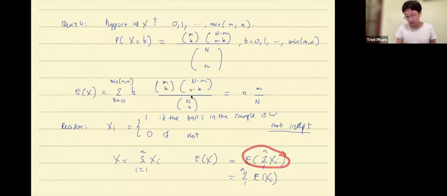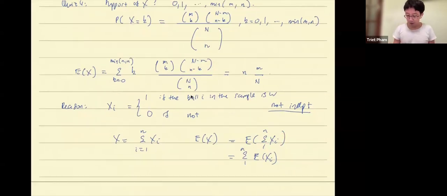However, that's the beauty of expectation: it doesn't care if the xi's are independent or not. It's just linear. And so we can pass this inside the sum. But once you move inside the sum, then you can just focus on each xi itself.